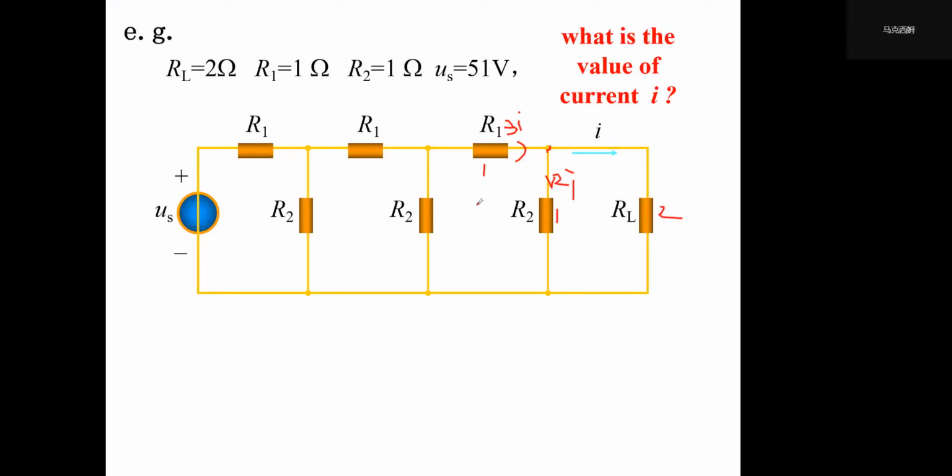And we also know that R1, R2 is 1 ohm, so this one is 3I, and the voltage of it is 3I times R1 plus I times 2I.